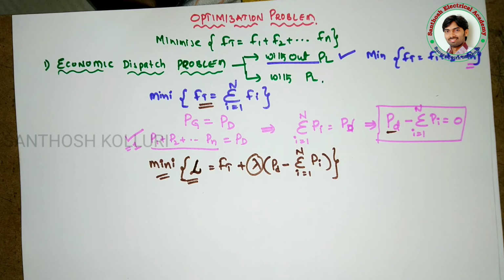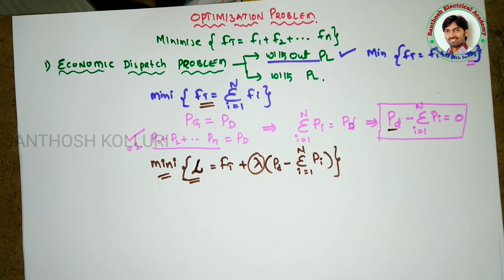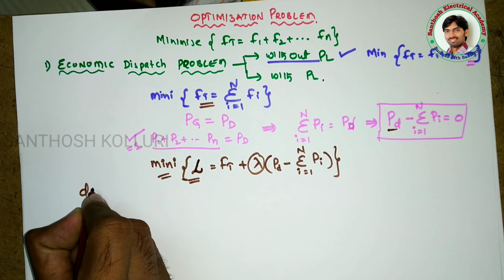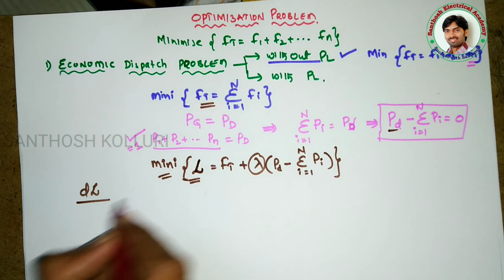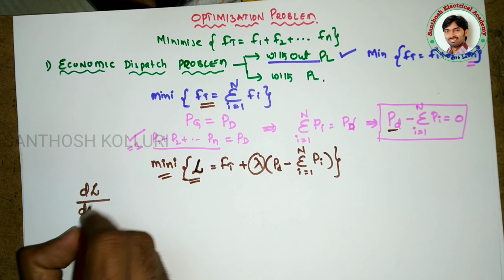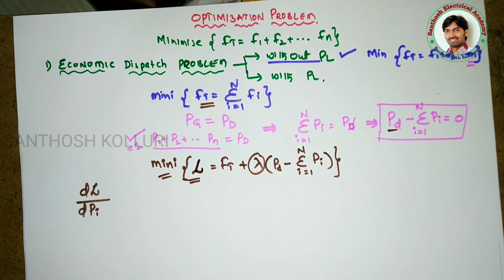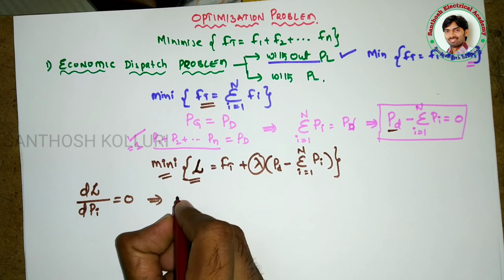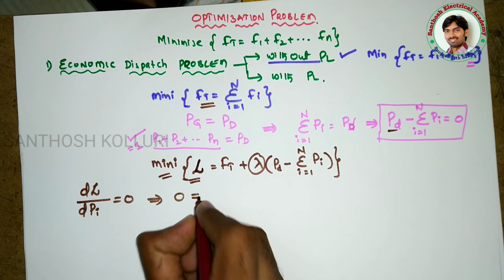So how can I get the minimization? You can differentiate this augmented cost function with respect to the generation and equate it to 0, so that I may get the minimum.